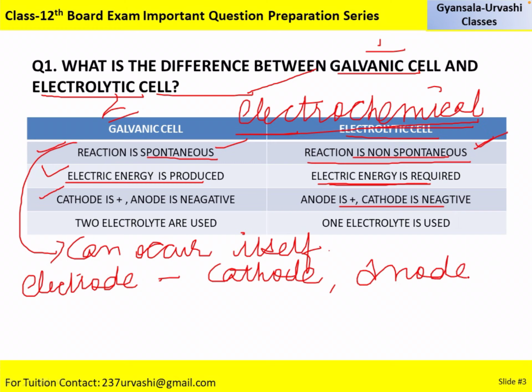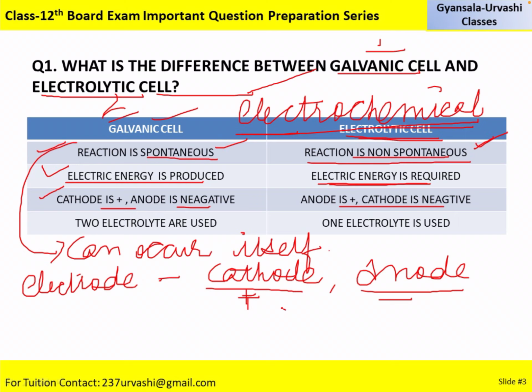So in every setup, whether it is a galvanic cell setup or an electrolytic setup, you need electrodes to do an electrochemical reaction. One will act as the cathode, one will act as the anode. Okay. So in the galvanic case, the cathode is positively charged and the anode is negatively charged.